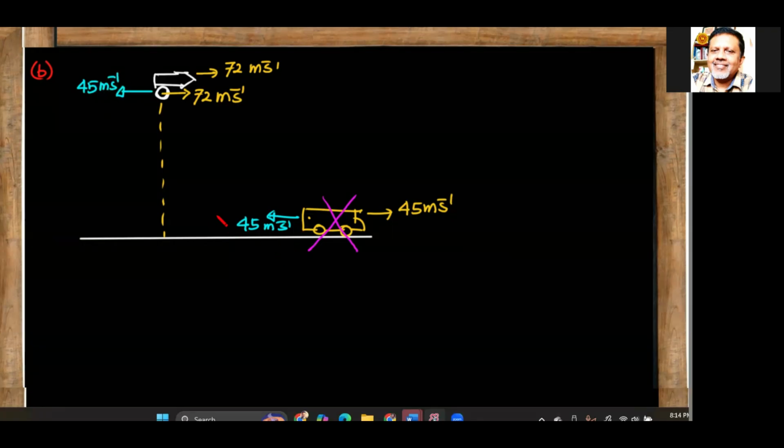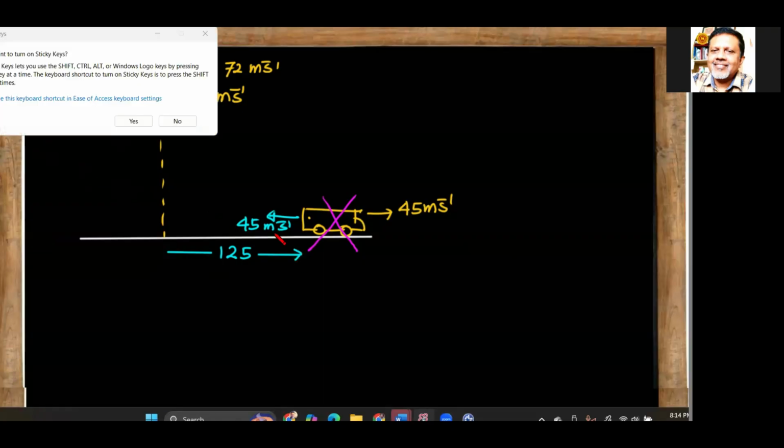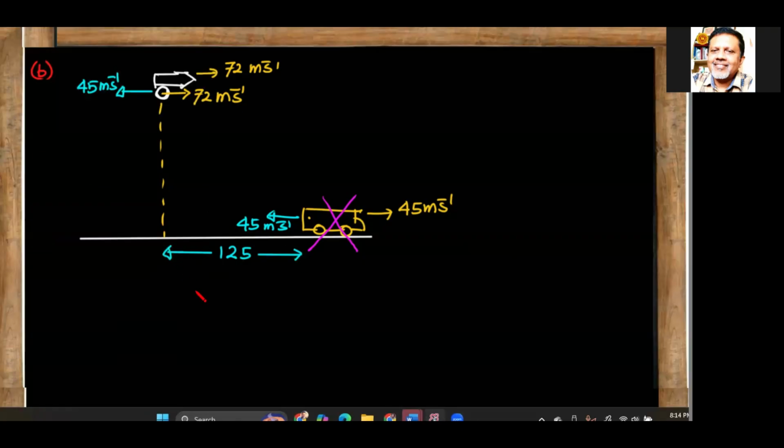And now, as before, it says at the time of release, the rear end of the second truck is also 125 meters away from the position of the aircraft, right? So now we have to verify whether this will hit the target or not, right? Hit the target or not.